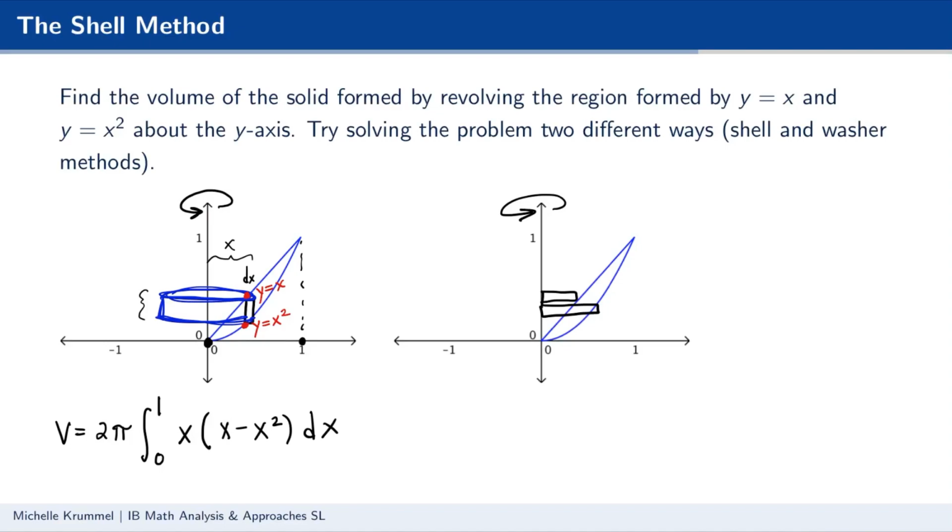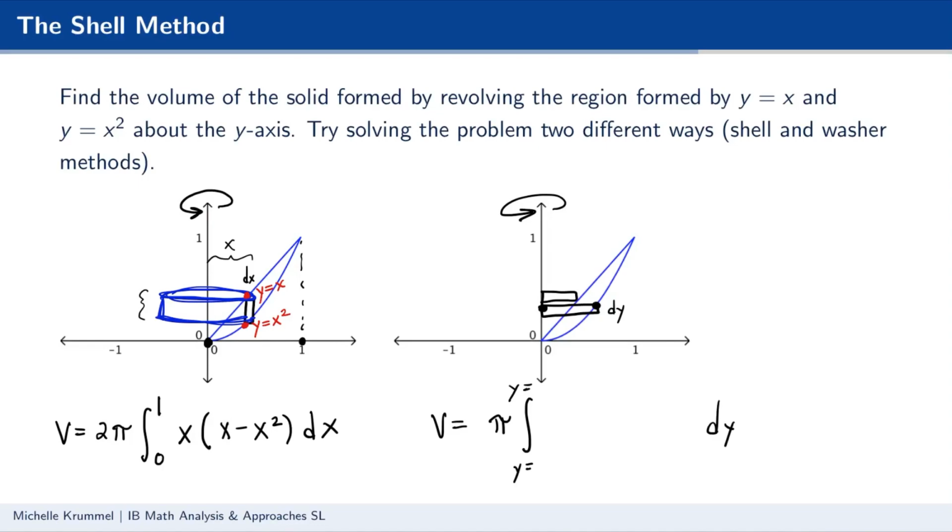Okay, so my basic setup here is not 2 pi, but pi, and then big radius squared minus little radius squared. So big radius squared, it's the right x minus the left x. Now this is a dy problem because it's a horizontal rectangle. So I need to go from y equals to y equals. Be careful there. And then it's a dy at the end.